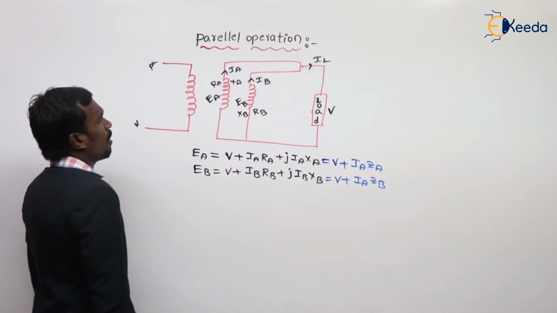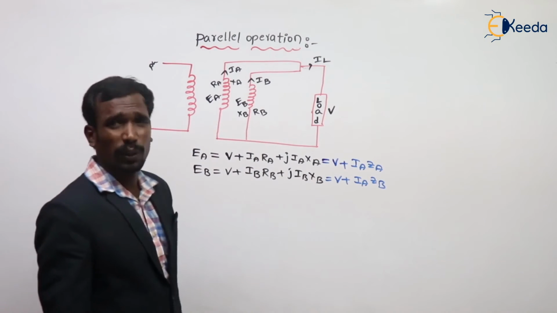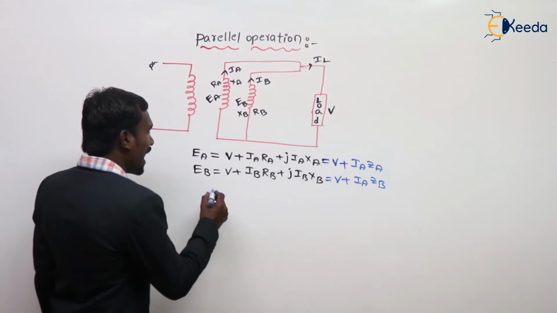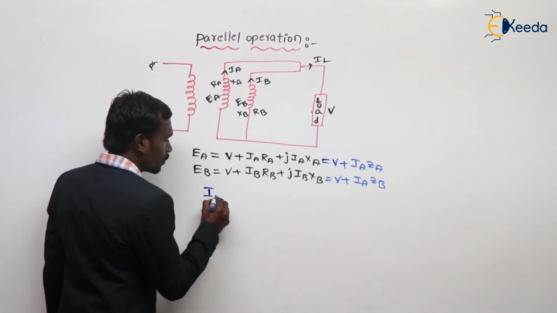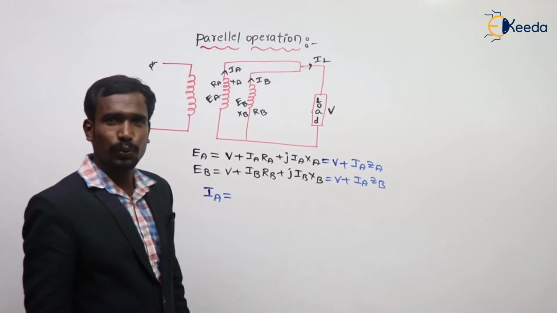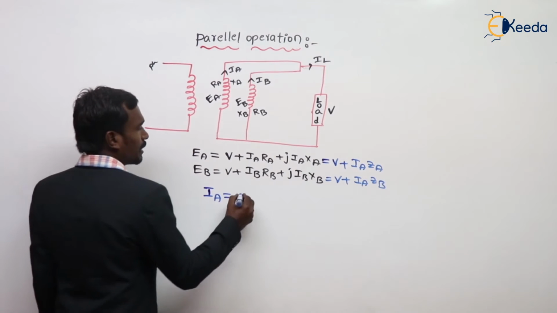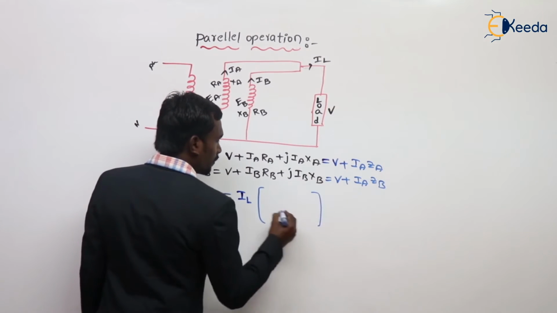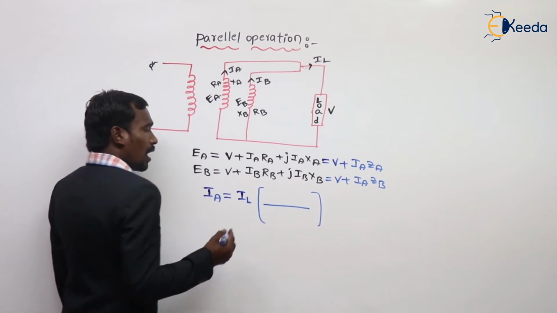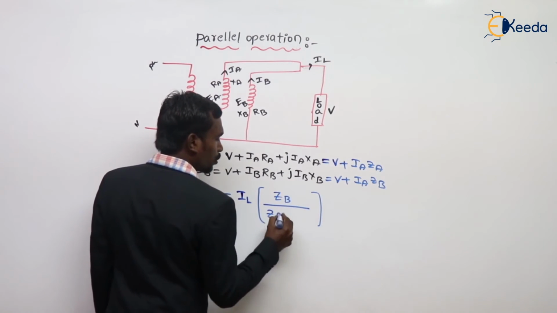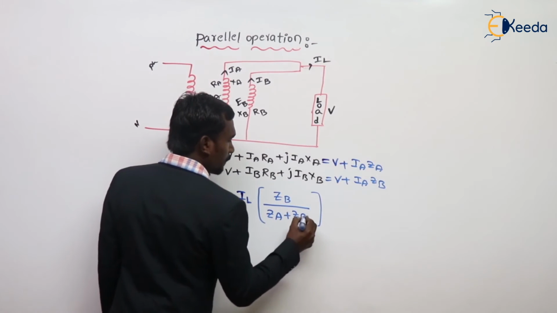Now, according to the current divider rule, IA is equal to the total current IL multiplied by the opposite impedance ZB upon the total impedance ZA plus ZB.